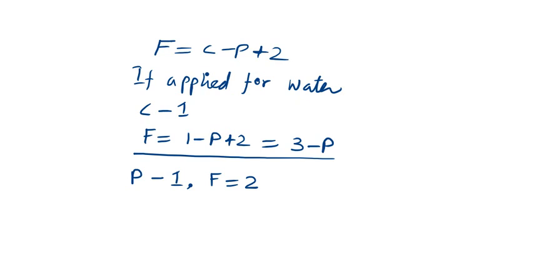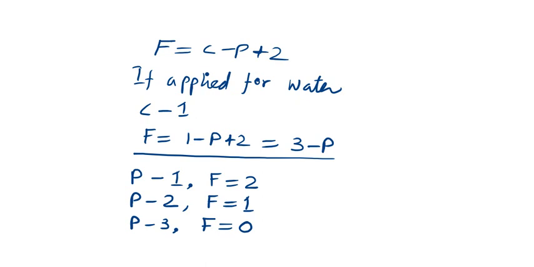If two phases coexist, then F becomes 1, 3 minus 2. And if all three phases coexist, then P is equal to 3, and 3 minus 3 will be 0. And yes, it is possible that degree of freedom can be 0. The only condition is that degree of freedom cannot be negative. So with this knowledge, we will proceed further.